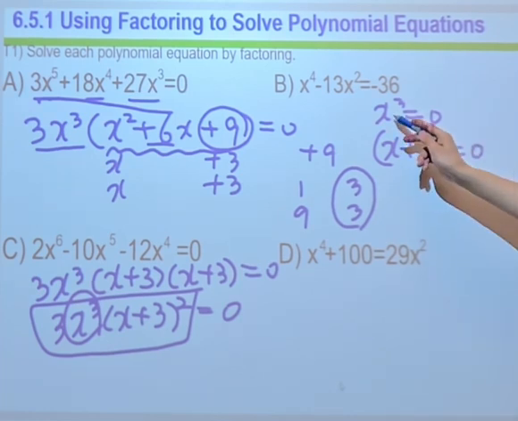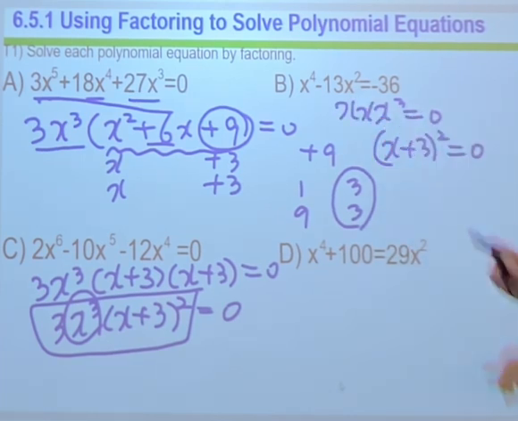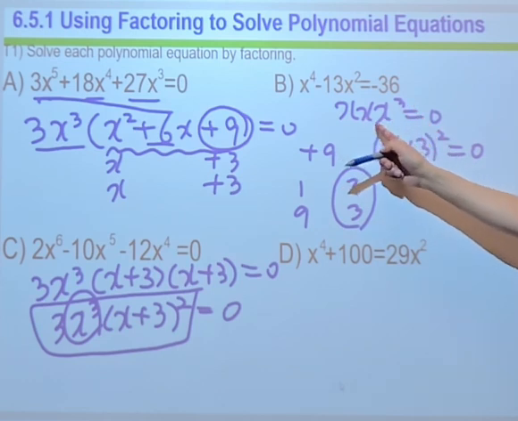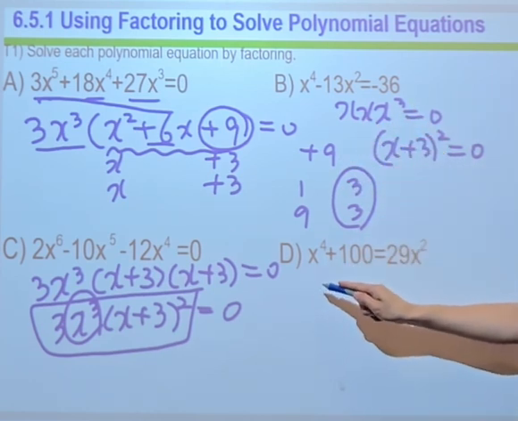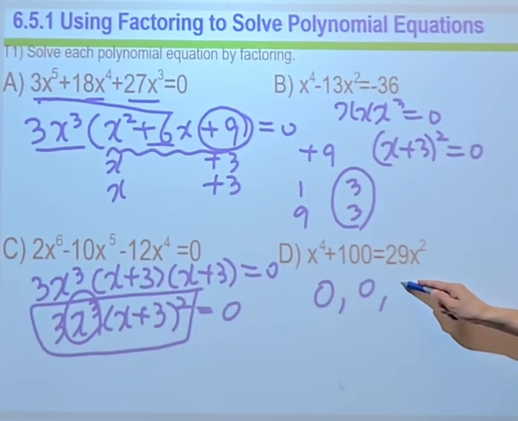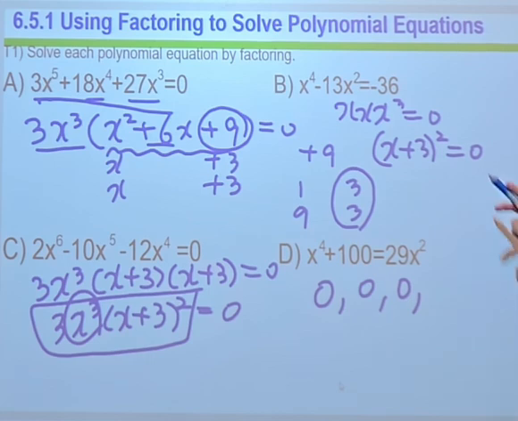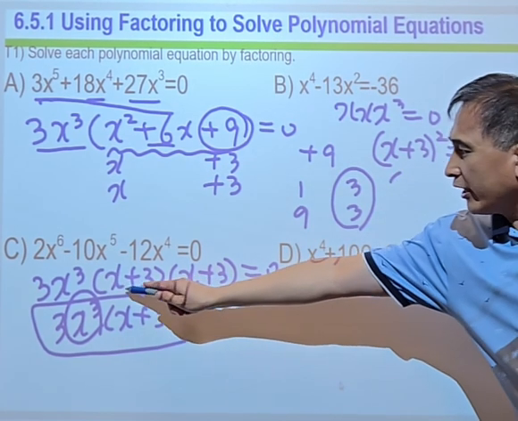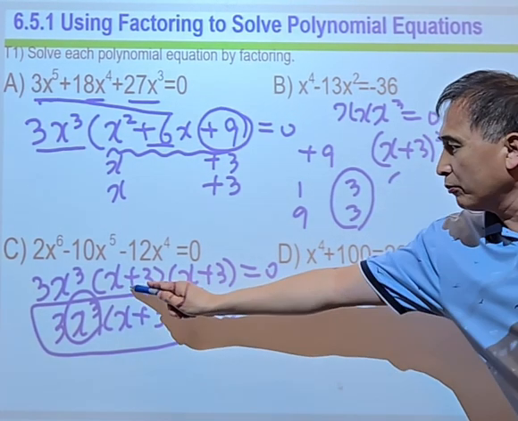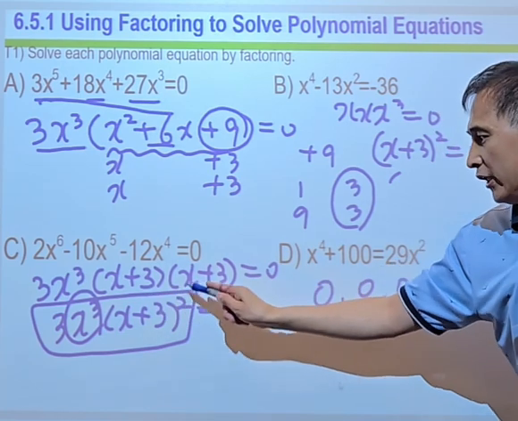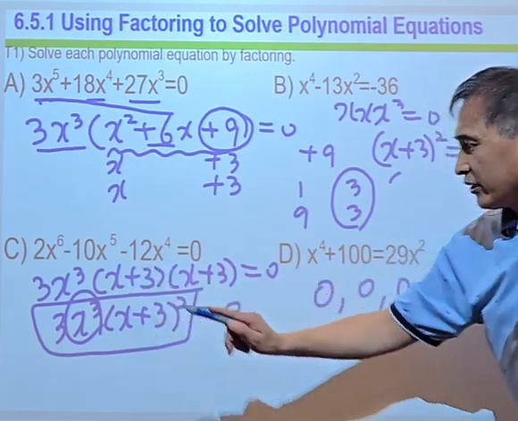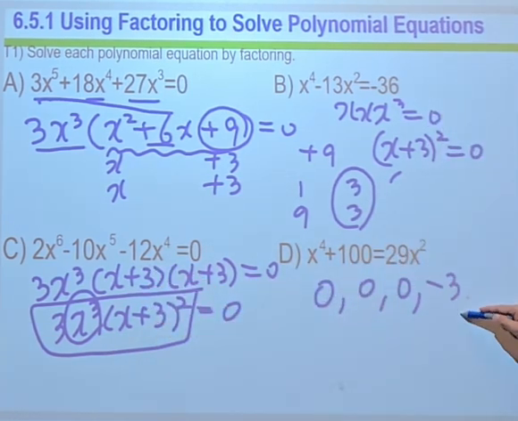From here, this is x times x times x, so x equals 0, 0, 0. And here, as we wrote, x plus 3 and x plus 3, so x plus 3 equals 0, so x equals negative 3, negative 3. You can write the answer like that.